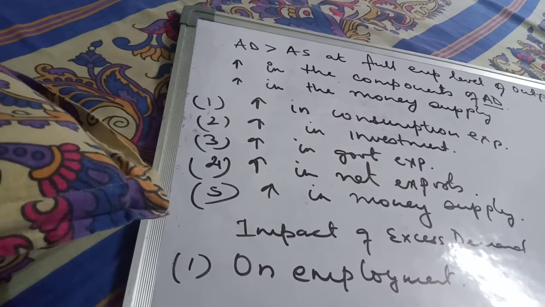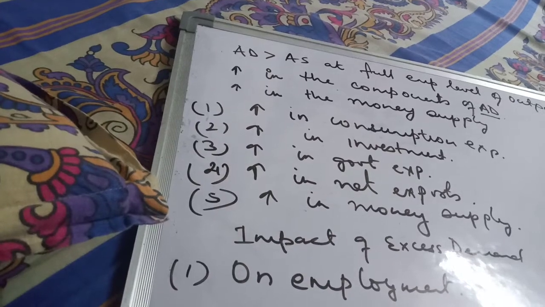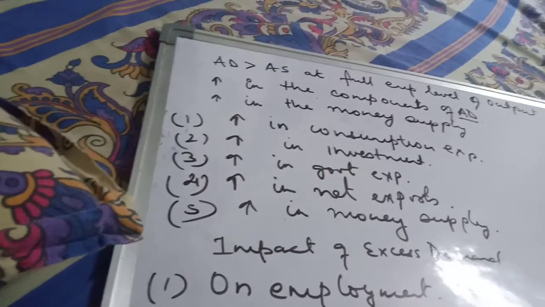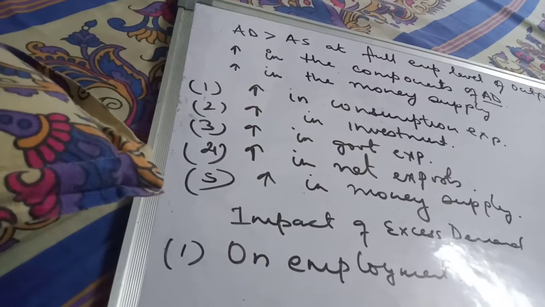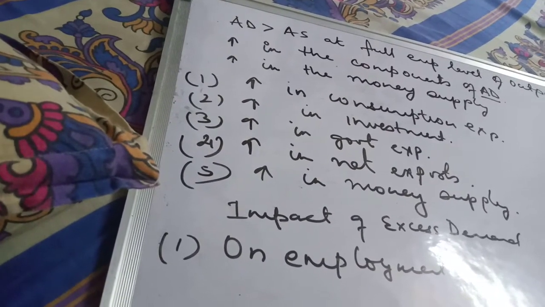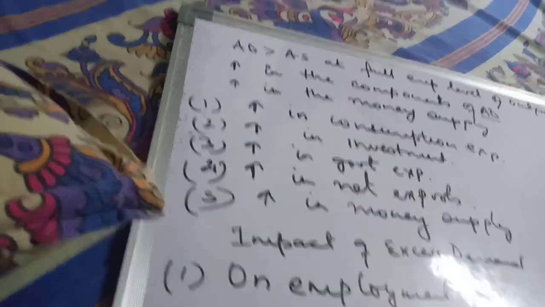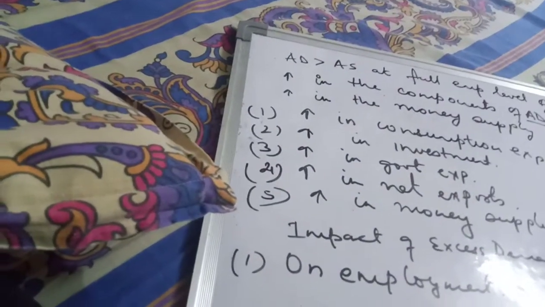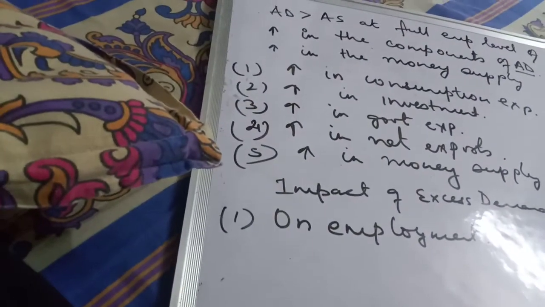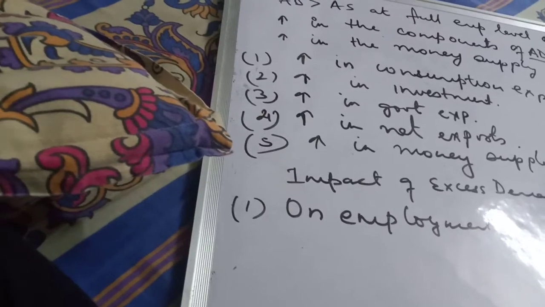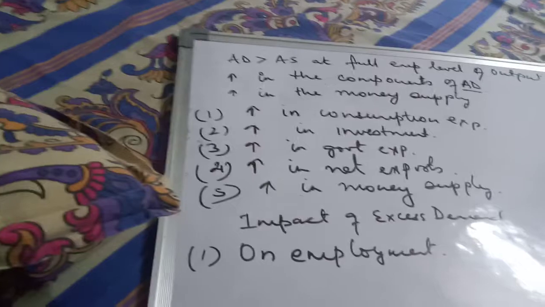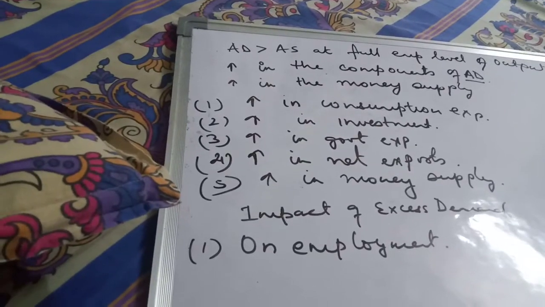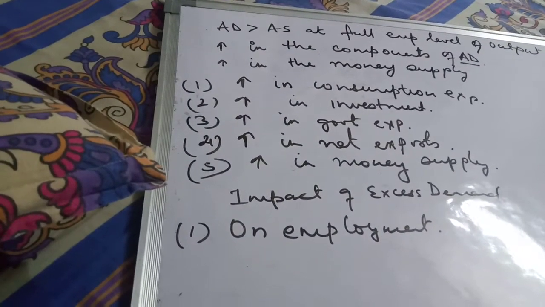Similarly, output also cannot be increased because it is the maximum output. So the impact of excess demand is basically on price. The prices tend to increase, leading to inflation.